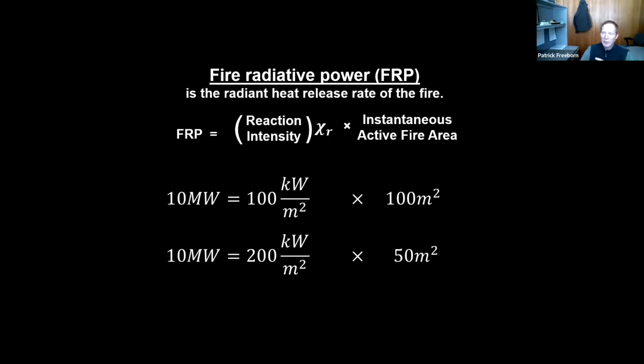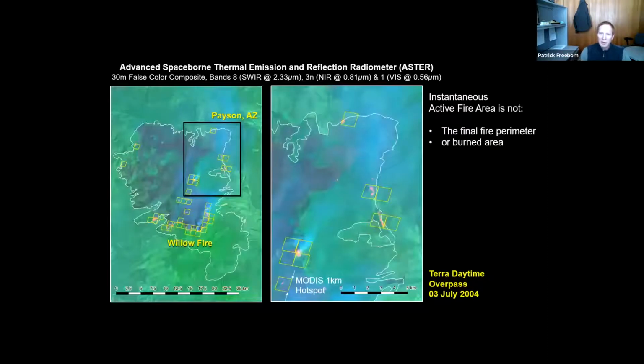And so just to drive home this concept of instantaneous active fire area, we can look back at the Willow Fire. And this is a 30-meter false color composite collected by ASTER. And ASTER is another instrument flown on Terra. And so on board Terra, you have MODIS and ASTER, which collect images simultaneously. So in the background, the green is the unburned vegetation.